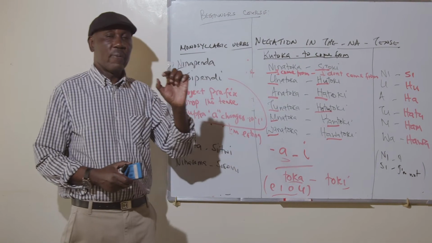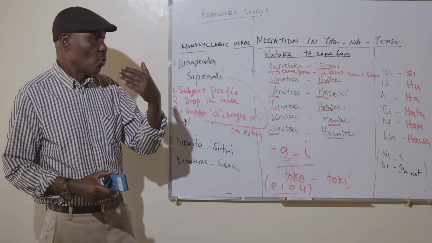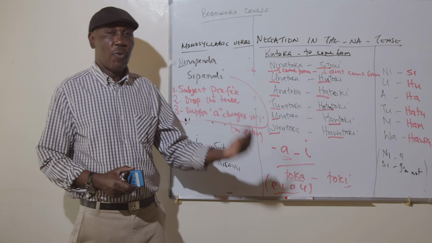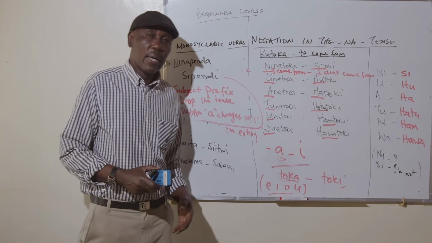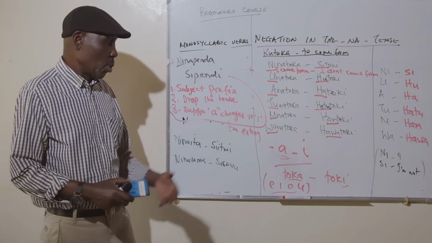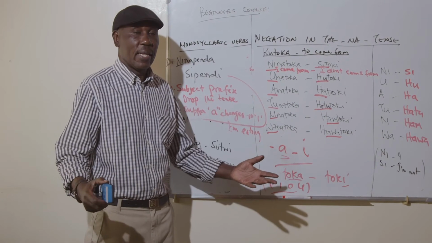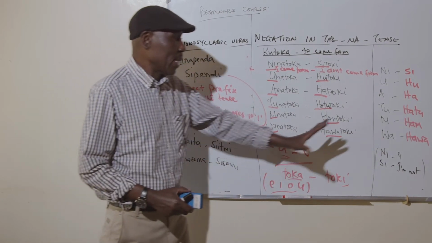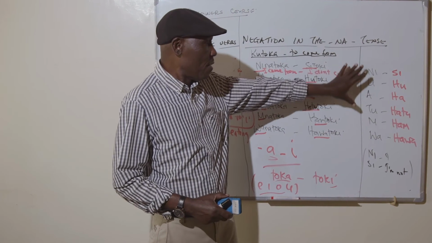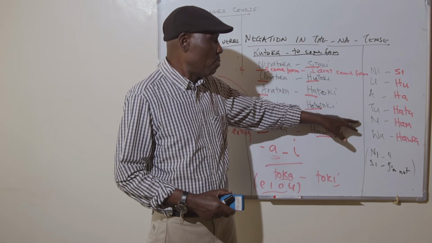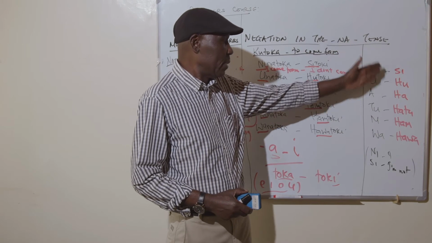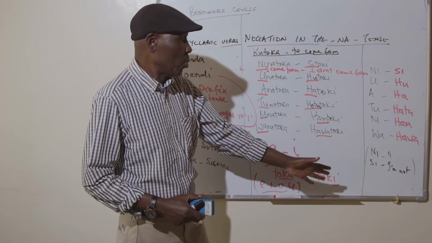Remember, I gave you those verbs that you're supposed to practice on: kujifunza, kusema, kusoma, kupika. So ninapika would be sipiki. Remember the negation: if you have the subject prefixes ni, u, a, tu, m, wa, then you have the negation si, hu, ha, hatu, ham, haw.